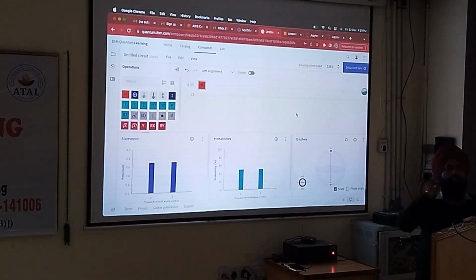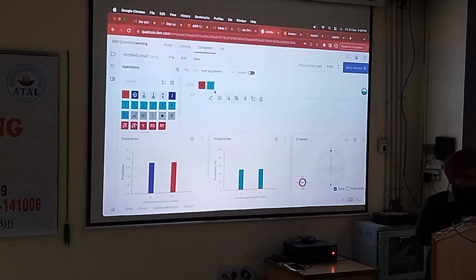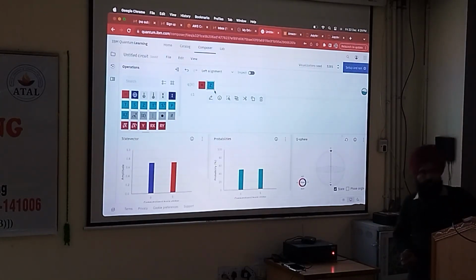They are not changing their phase. If we apply the Z gate, the color changes. That means the phase is changed. It is now in the minus state.